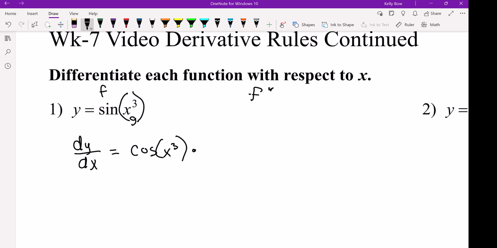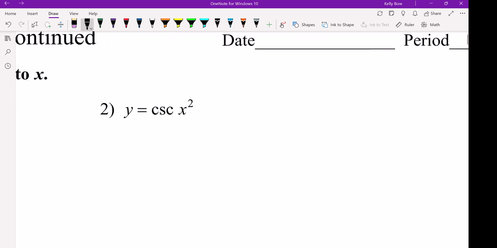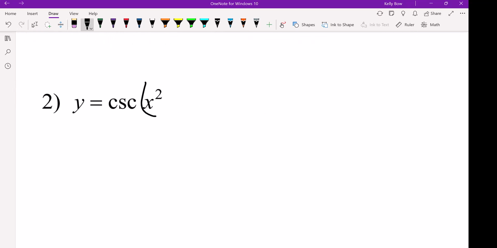It's the derivative of f with the g intact times the derivative of g. So the derivative of x cubed is 3x squared, and then you're going to bring that to the front. That's best practice. Mathematically, it means the same, but you would write it this way.